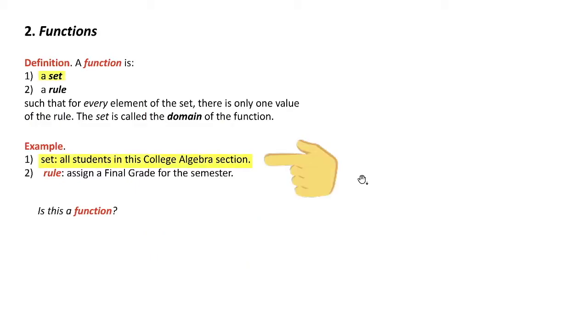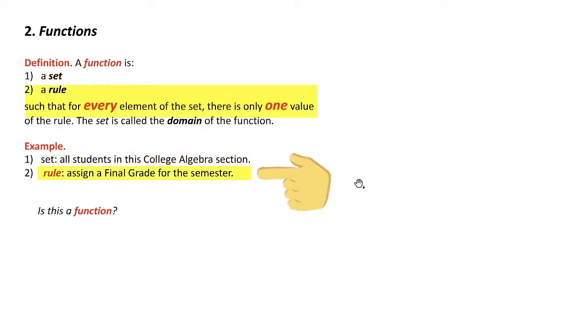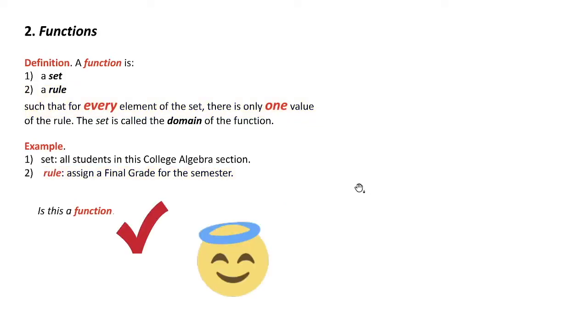We have a set, it's well defined. You can see all the students in this section. And we have a rule. For every student, I can only have one value, and the value is the final grade. So is that a function? Yes, that's a perfectly nice function.